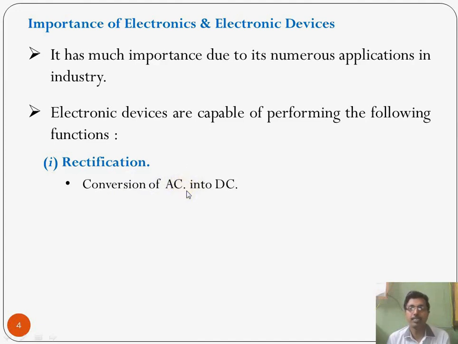But electronic appliances like a television, CD player, tape recorder, or personal computer all work with DC supply. But in our domestic applications, the available one is AC. Then we are in need to convert that AC into DC. For that, we are in need of rectifiers.